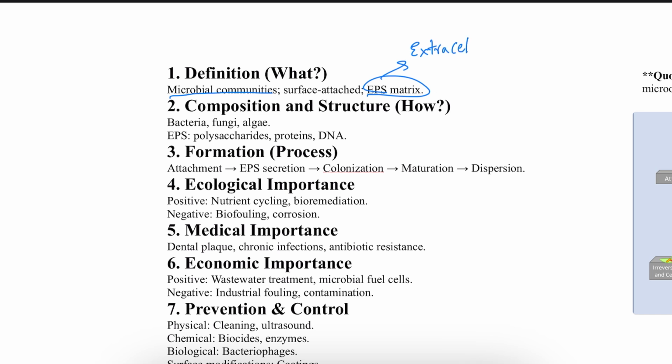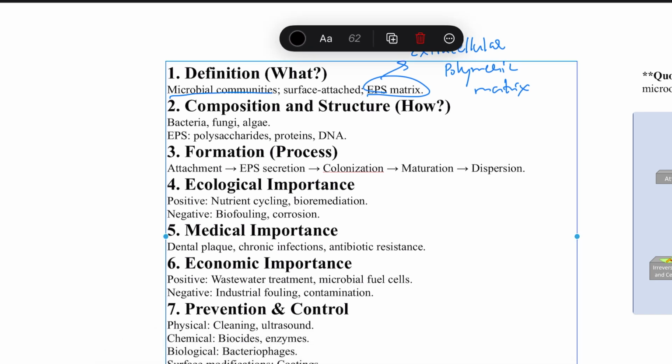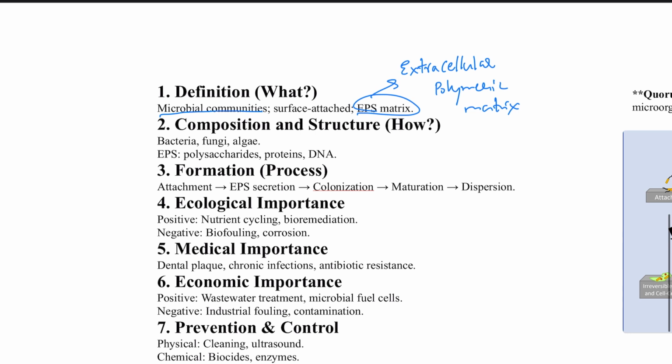Extracellular polymeric matrix. This matrix is made up of proteins, nucleic acids, or lipids, and basically they create a protective environment that allows these communities of microorganisms to survive.